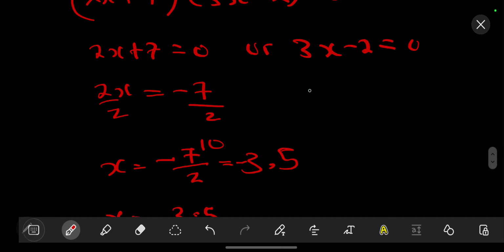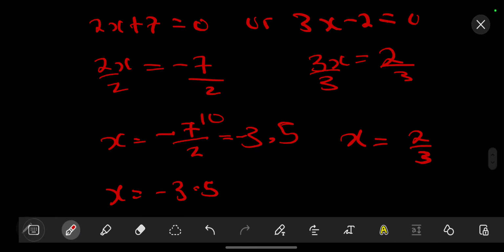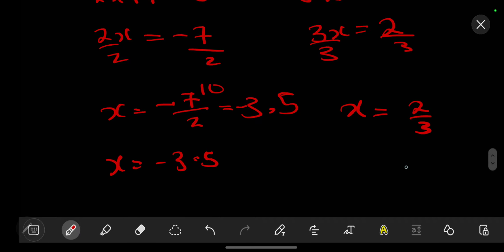Then the other part, we have our 3x. The 2 crosses the sign, we have a 2 there, over 3, which will be our x should be equal to positive 2 over 3. So now this one is approximately equal to 0.67. So we can use the same approach. 2 divided by 3 is 0 point.